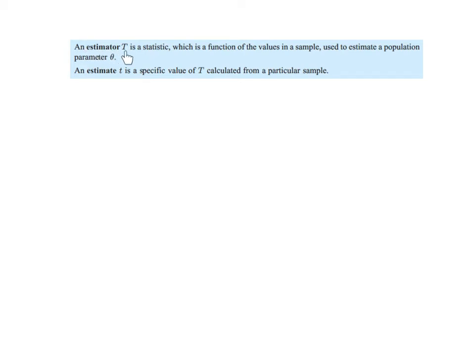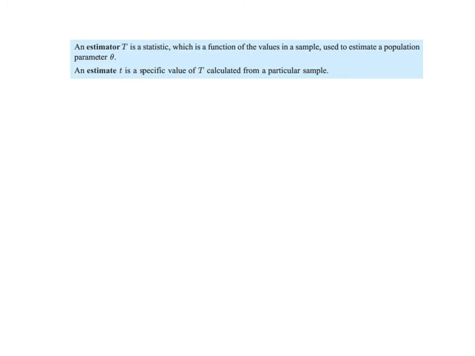The estimator T is a statistic which is a function of the values in a sample used to estimate a population parameter theta. So T is a function or a rule that you apply to the values in a sample. An estimate is the specific value of that estimator and is calculated for a particular sample.